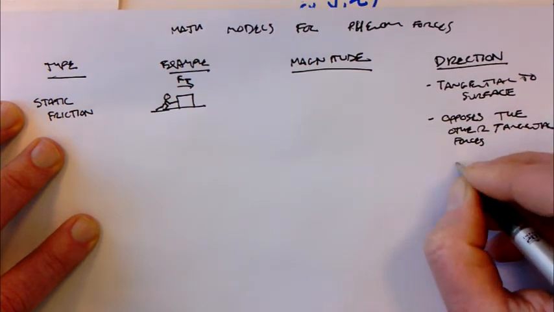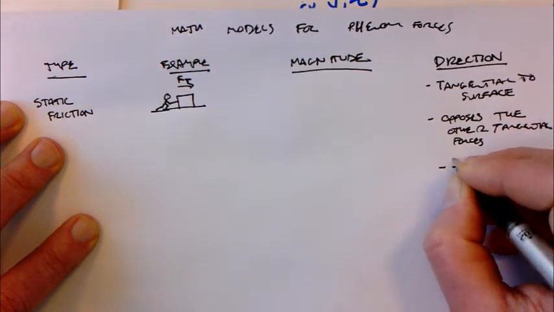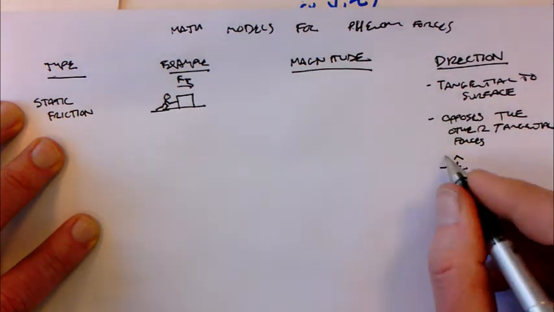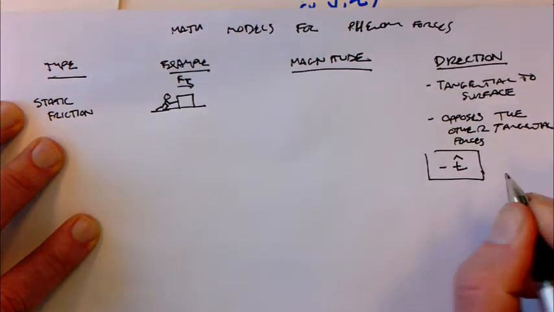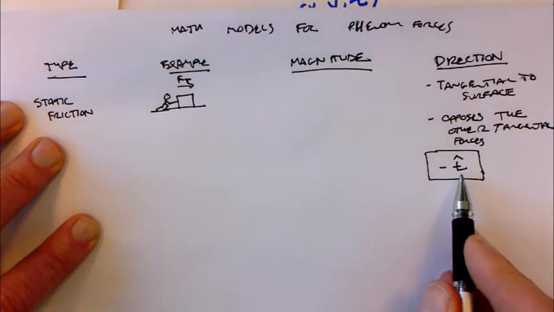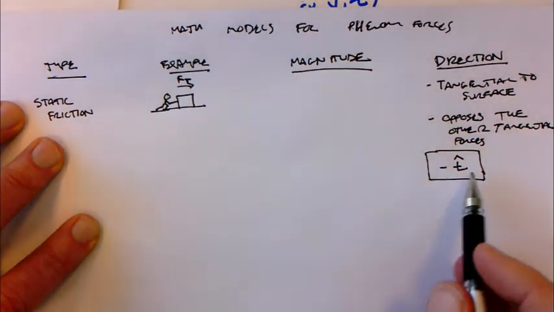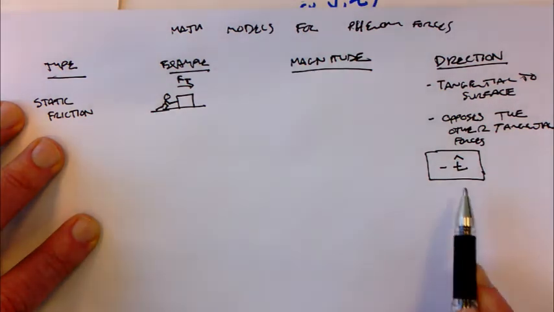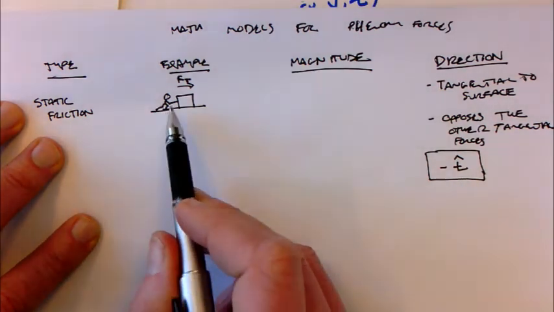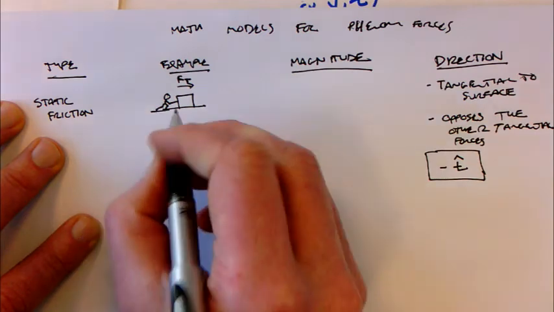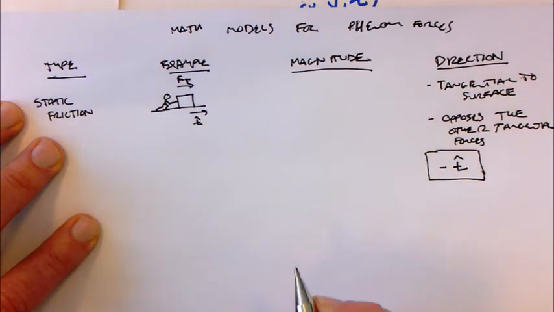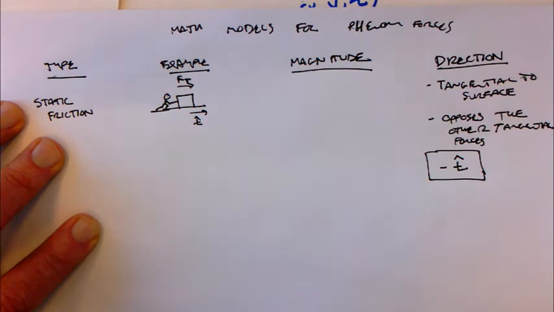We could write that as minus t hat. That's not the greatest notation, but if I'm applying a force in this direction, t hat would be in that direction, and minus t hat, the direction of the frictional force, would be opposite that.